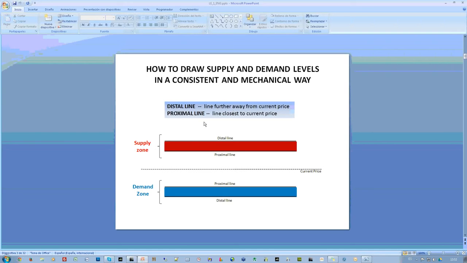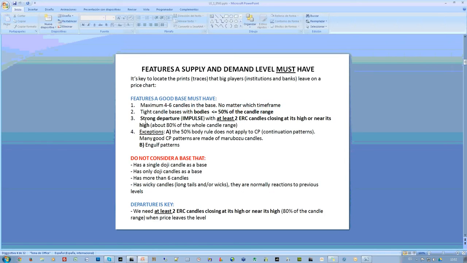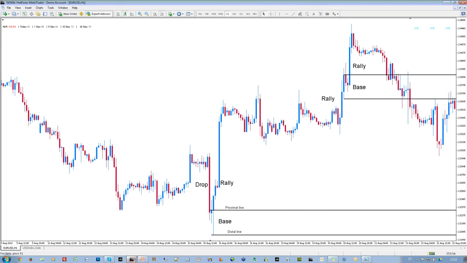But before doing that, let me describe what a good base is, because the base and the departure are essential for a level. A level normally is composed of three blocks: one leg down, a base, and then another leg.